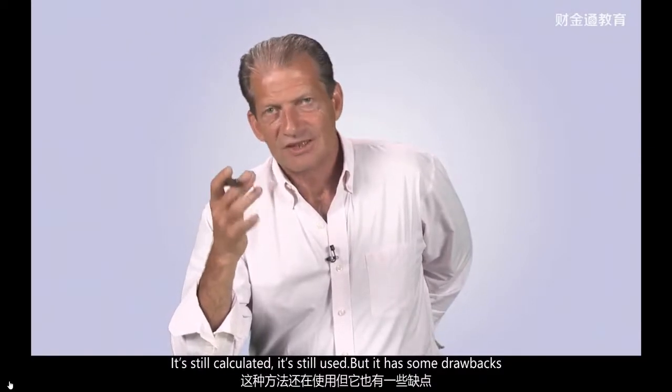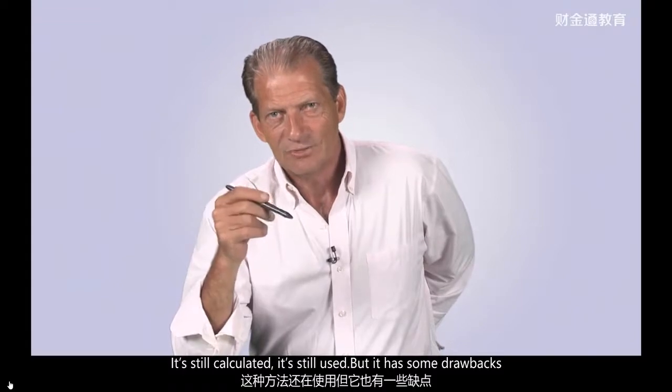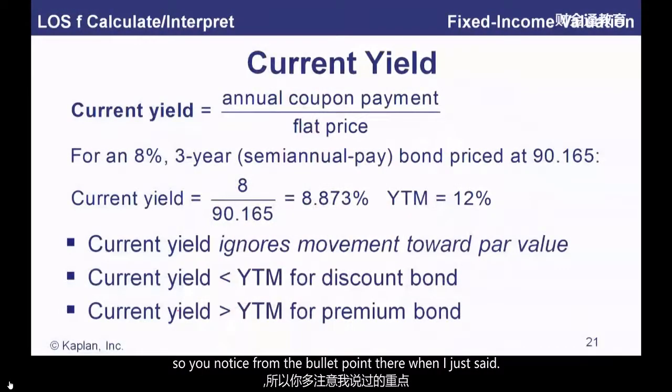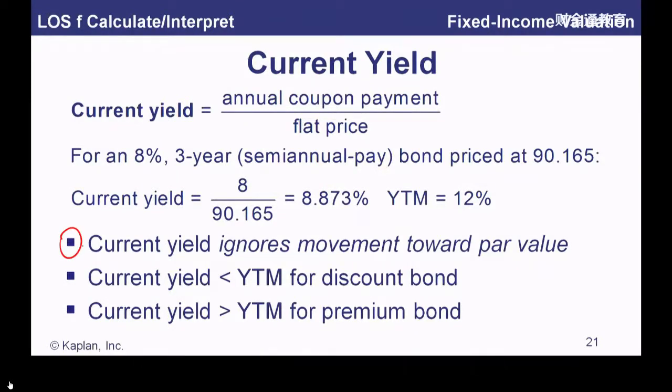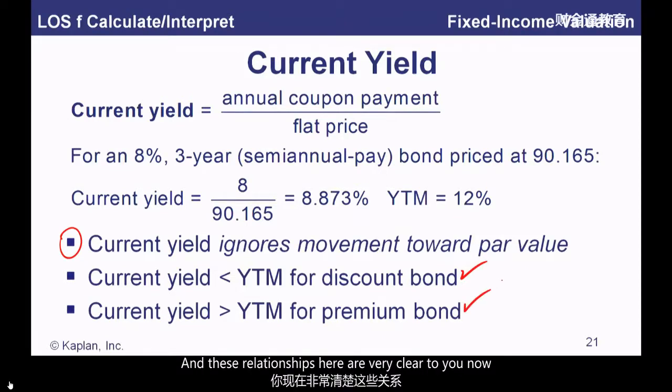It's still calculated, it's still used, but it has some drawbacks. So you notice from the bullet point there, what I just said, it ignores the movement toward par value, and these relationships hopefully are very clear to you now: the current yield has to be less than the yield to maturity for a discount bond, and the current yield is greater than the yield to maturity for a premium bond.